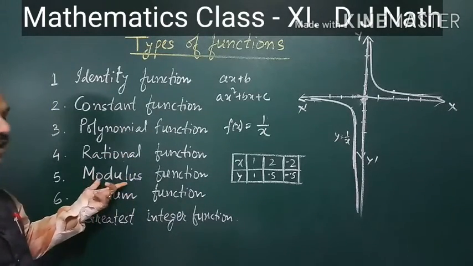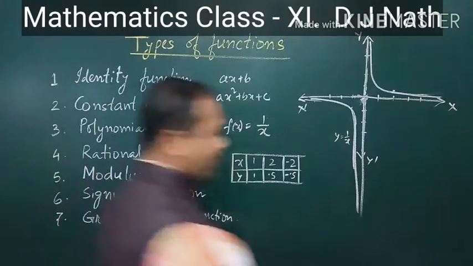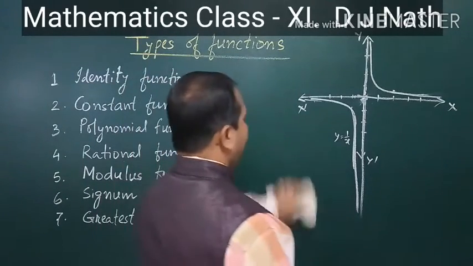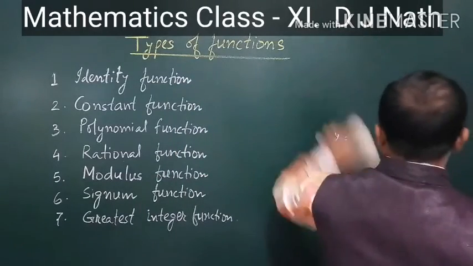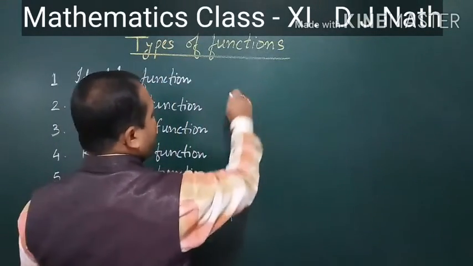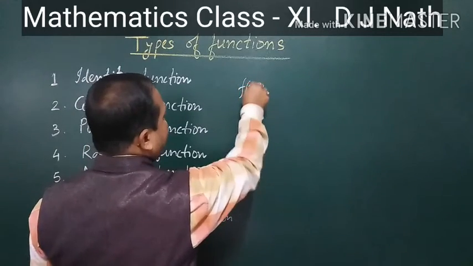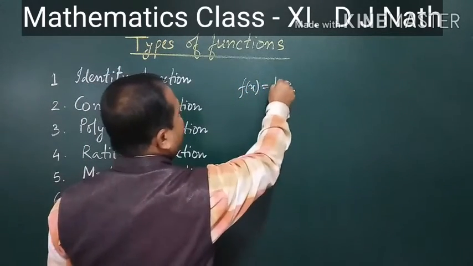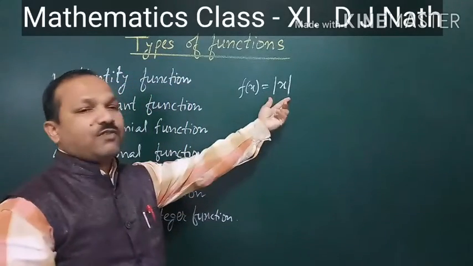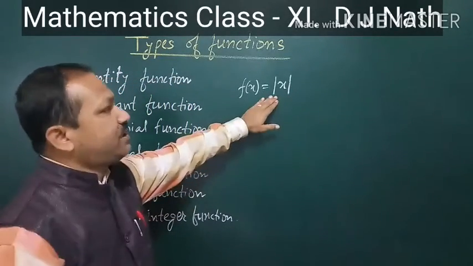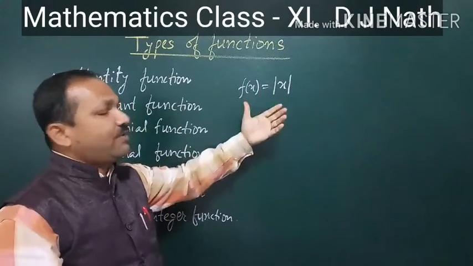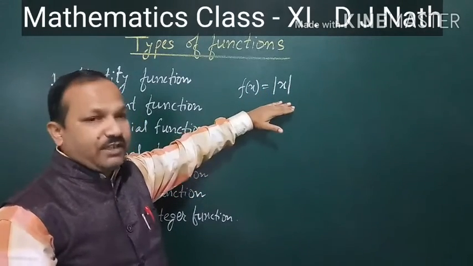Next comes the modulus function, which is very important. What is a modulus function? The word may be new for you. So f(x) or y is equal to modulus of x. This symbol is used for modulus. Modulus means absolute value. It is always positive. Absolute means everything is a positive value.